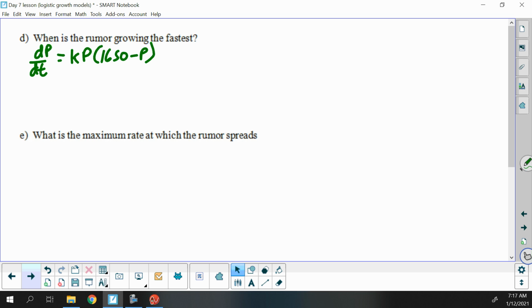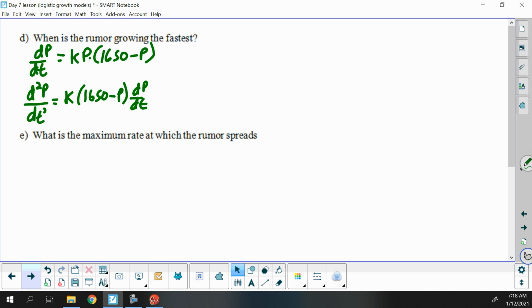So to do the second derivative, we'll have d2P over dt squared. And we've got to do a product rule, and we are doing the derivative with respect to t of our variable P. So the derivative of kP, we got to do a product rule here, will be k times the regular 1650 minus P times dP over dt.